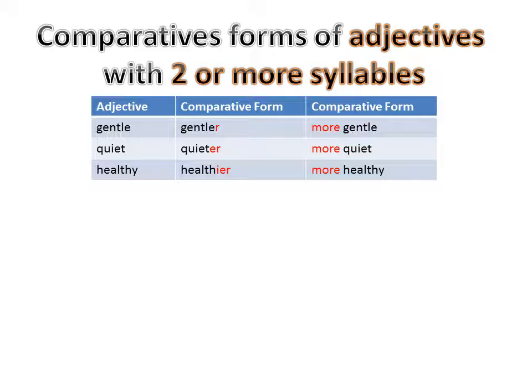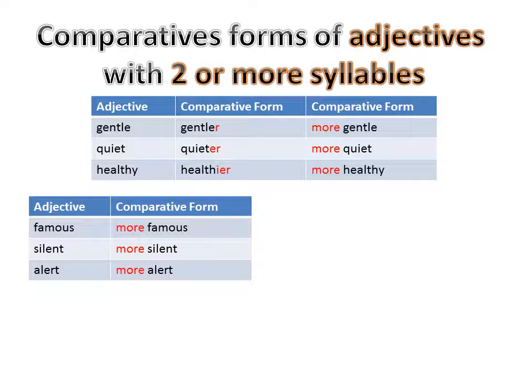Quiet, we just add ER, quieter, or more quiet. Healthy, healthy ends in the letter Y, so we need to drop the Y and change it to I and then add ER, or simply say more healthy.